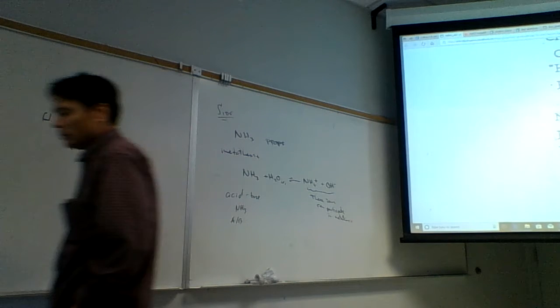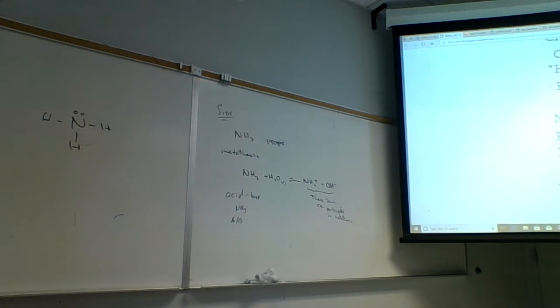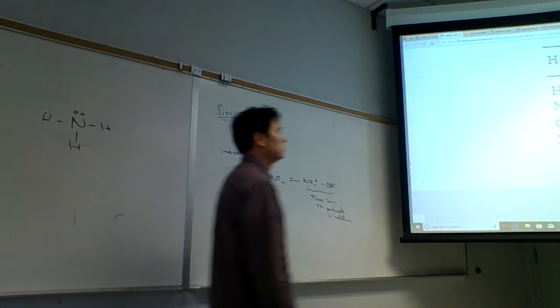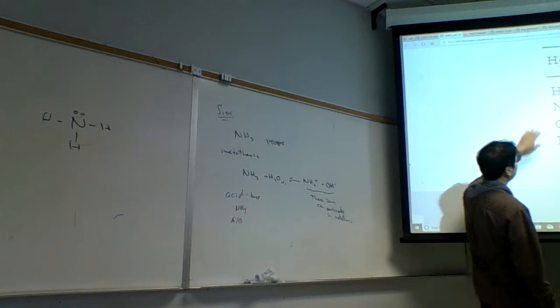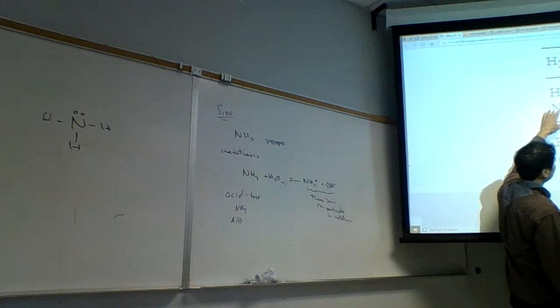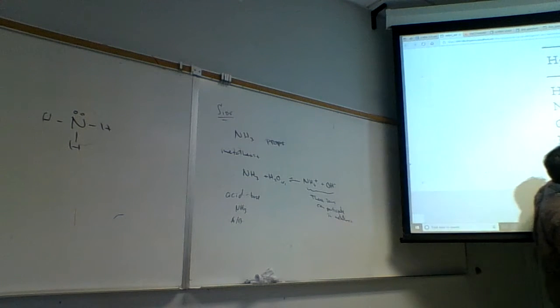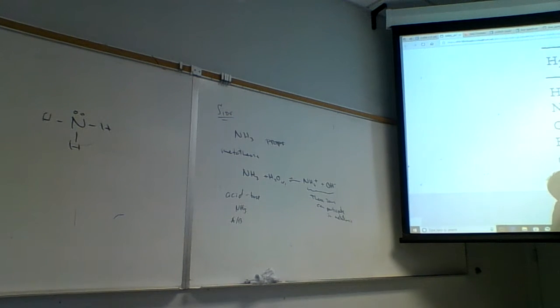Ammonia is also an acid, but when you look at the strength of an acid, it's near the bottom. And so ammonia needs a base that's stronger than this base to react. It only reacts with three species: oxide, hydride, and this one's called methide, but you don't need to know the name.